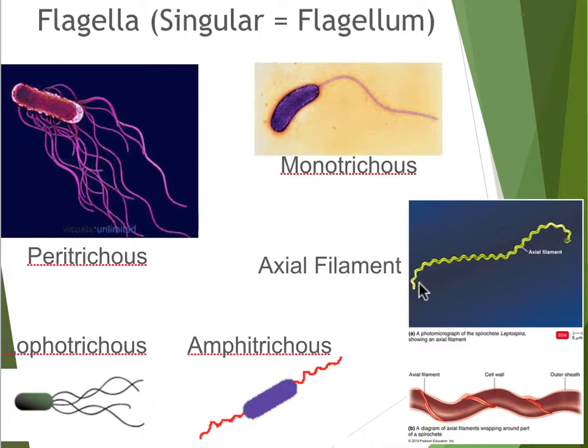Here you can see the axial filament of a spirochete, and that is a more close look at the endoflagella of the spirochete. Well, the endoflagella would be in that axial filament.